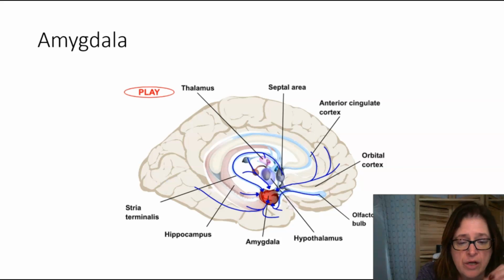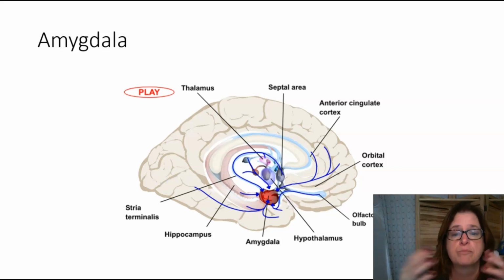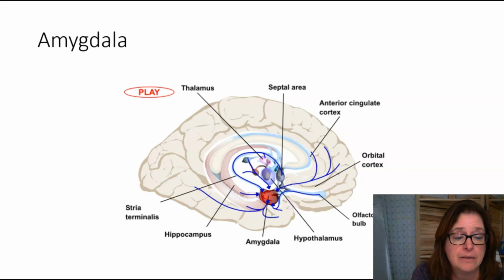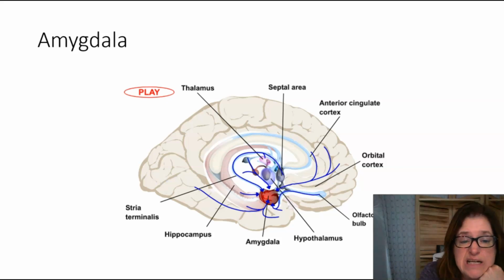So we typically hear fear, but anxiety, aggression, emotional memory, social cognition, all of these things are processed in the amygdala, and then it sends information to other areas of the brain, like the prefrontal cortex, as we talked about earlier, which is trying to prioritize decision making based on interpretations of the data that it's receiving from places like the amygdala. It's also involved with things like appetite for food, sex, and drugs.